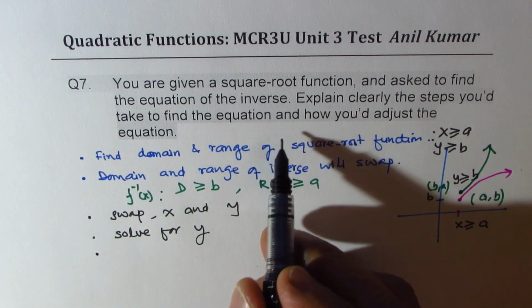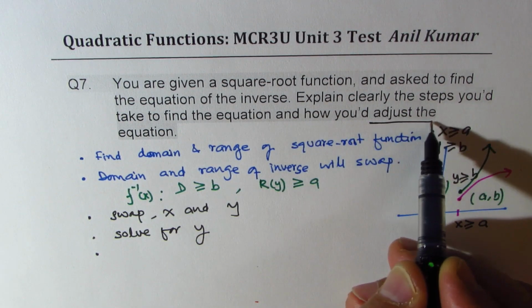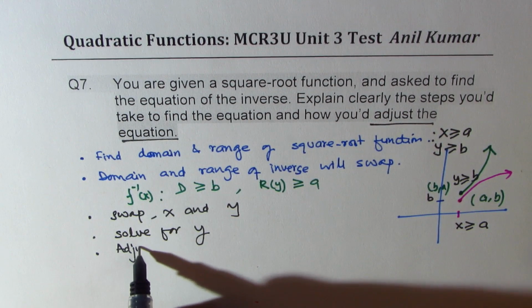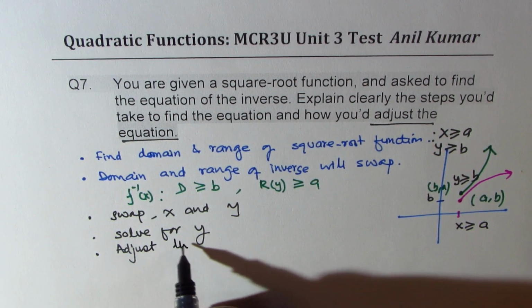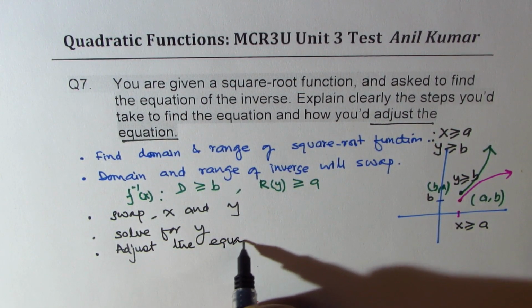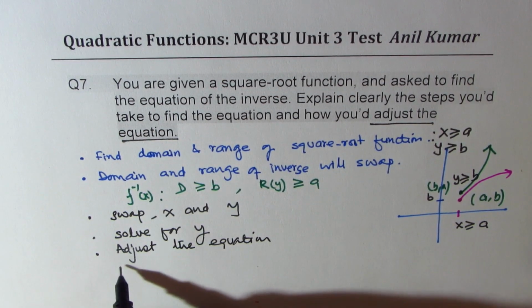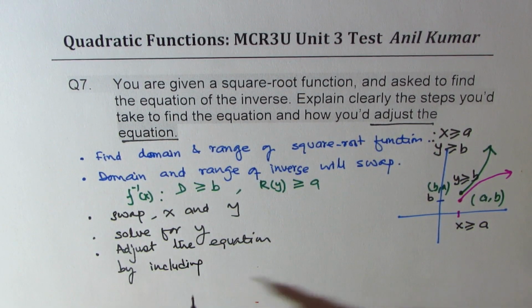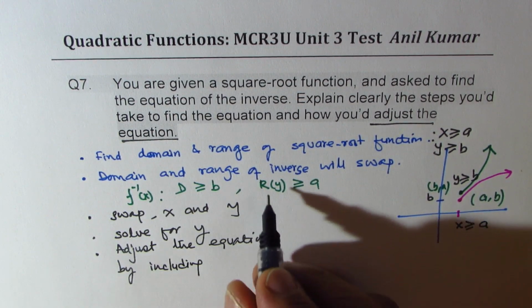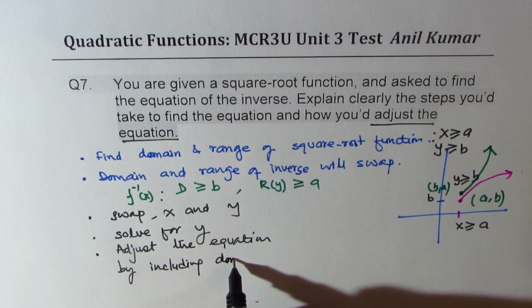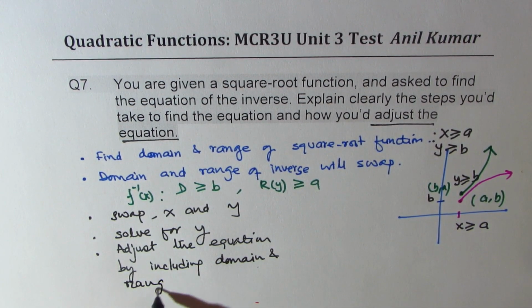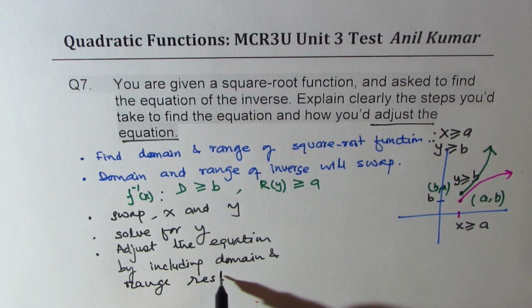And then the last part here is adjust the equation. So you have to adjust the equation by including modified domain and range restrictions.